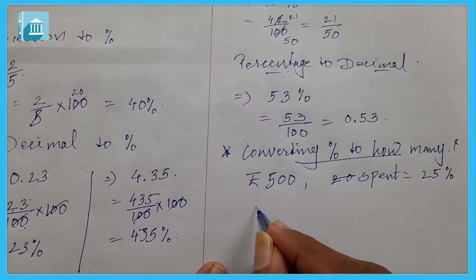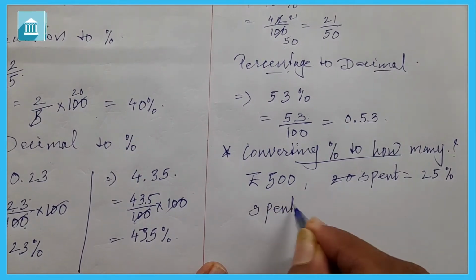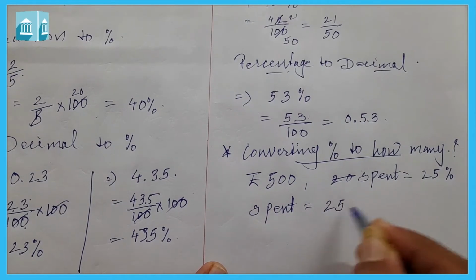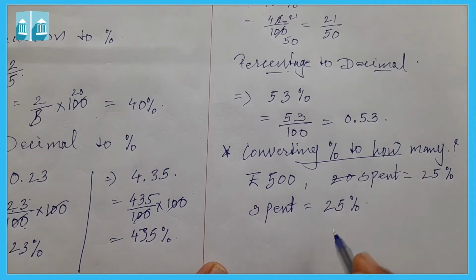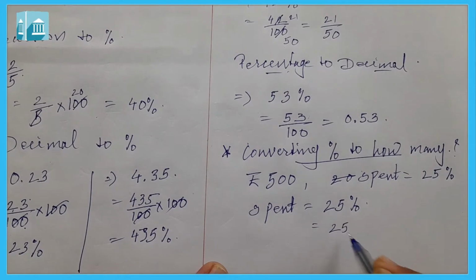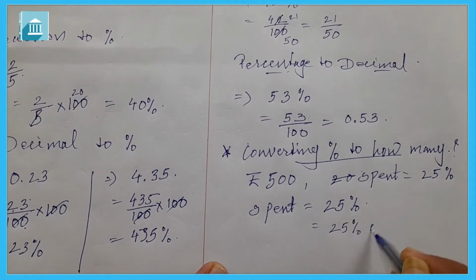First I have to find out what I spent. Spent is equal to 25%. 25% of what? 25% of the total amount.